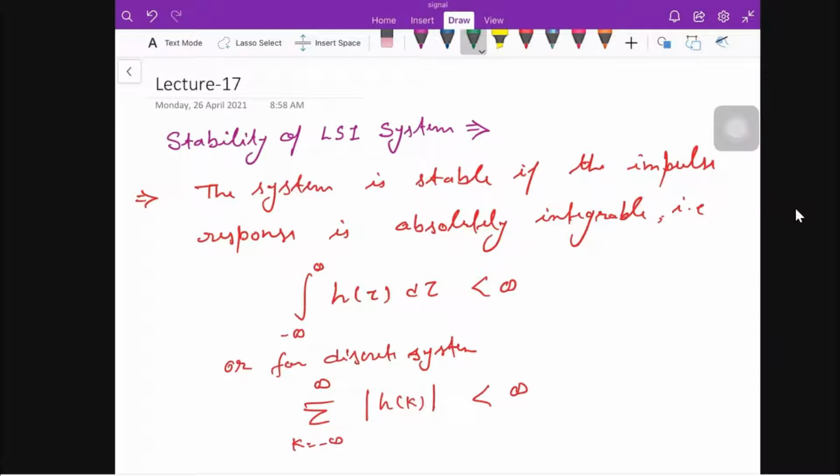So if you are going to check the stability of your system, you have to find out this. Here I have written the system is stable if the impulse response is absolutely integrable.